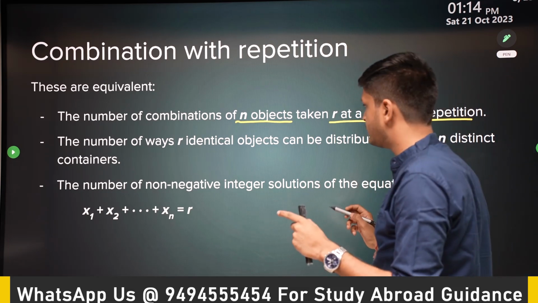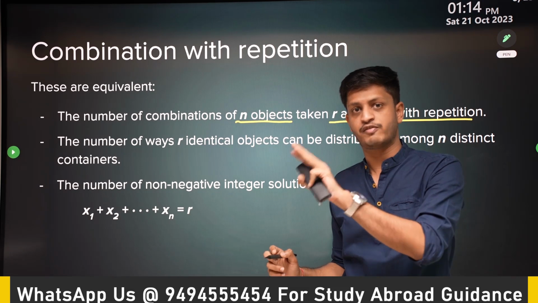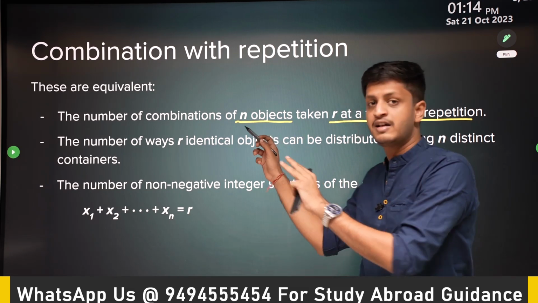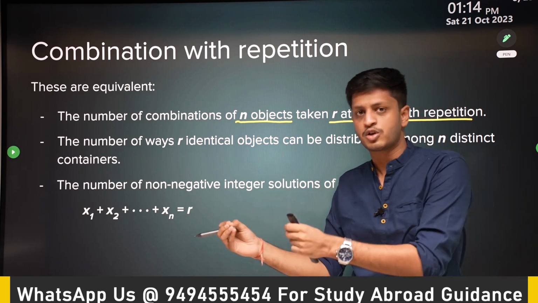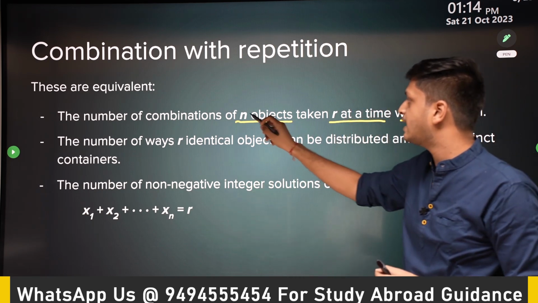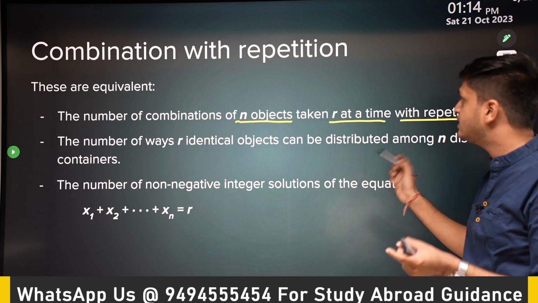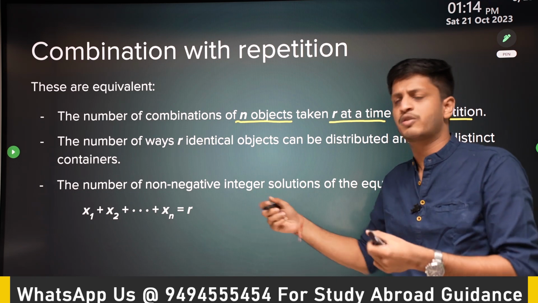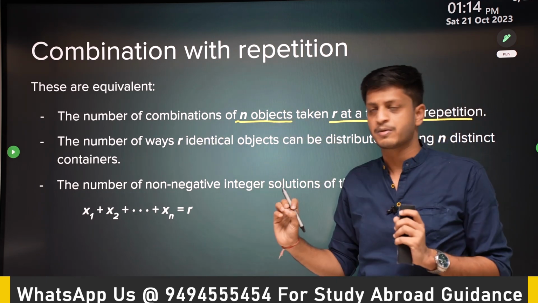So in the juice example, we had three objects, three flavored juices, F1, F2, F3. There were three objects and we had to take 10 at a time because 10 friends went to the shop. So we had three objects and had to take 10 at a time with repetition allowed. You can take any number of F1 flavored juice. So this is one type of combination with repetition problem.